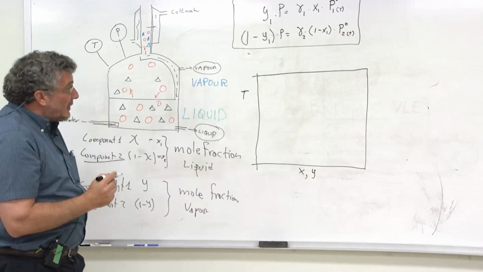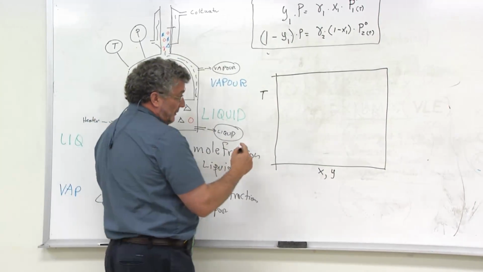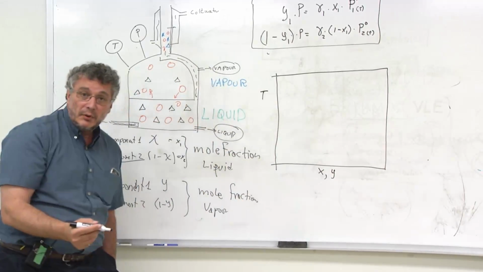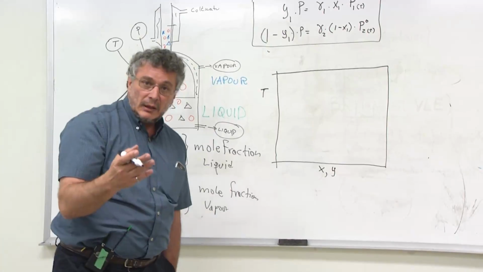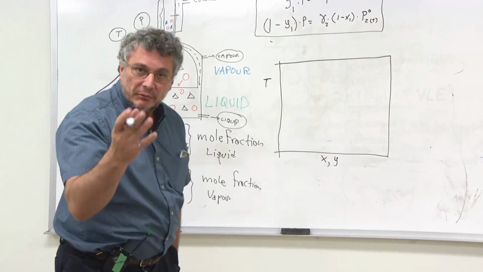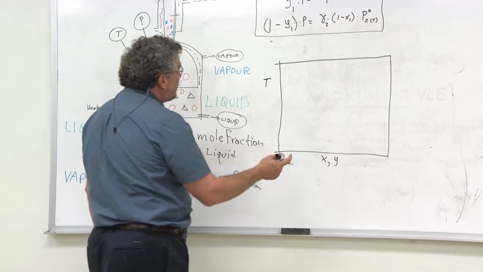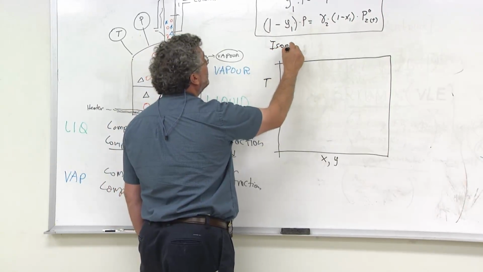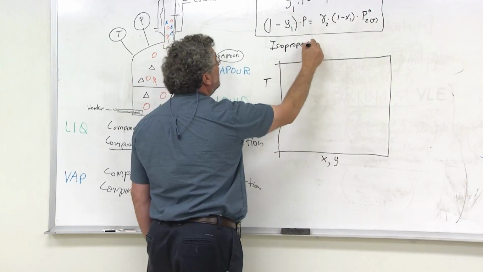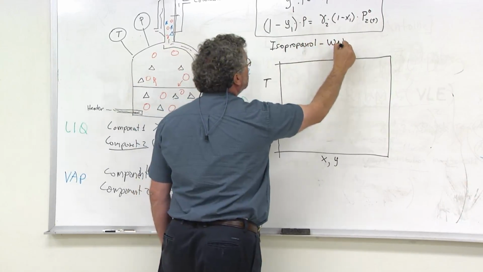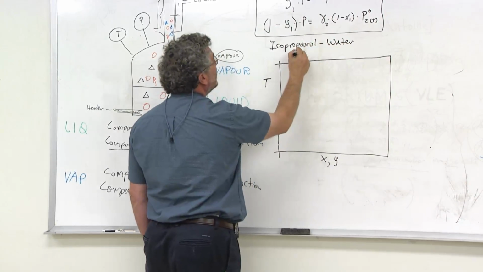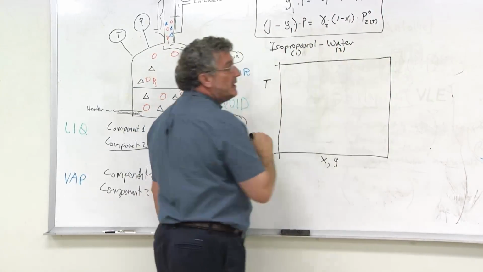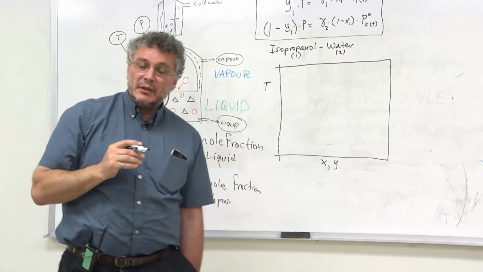So if this is the composition of the most volatile component, which is the usual convention that we use, if we have a mixture of isopropanol and water, then the most volatile component is the isopropanol. We give it the number 1. Water is the least volatile component. We give it the number 2.